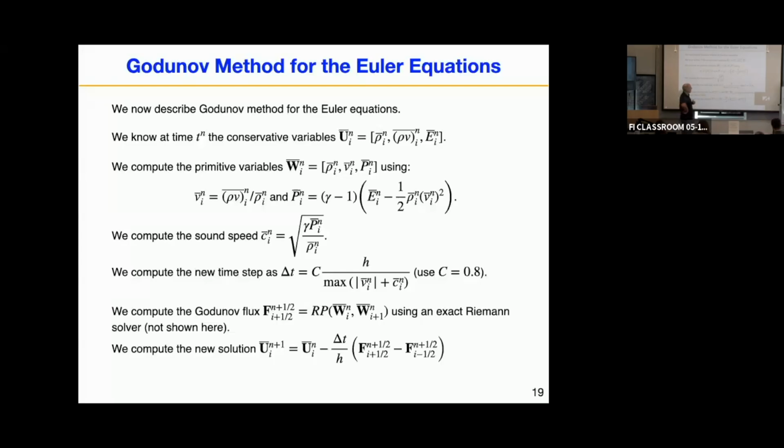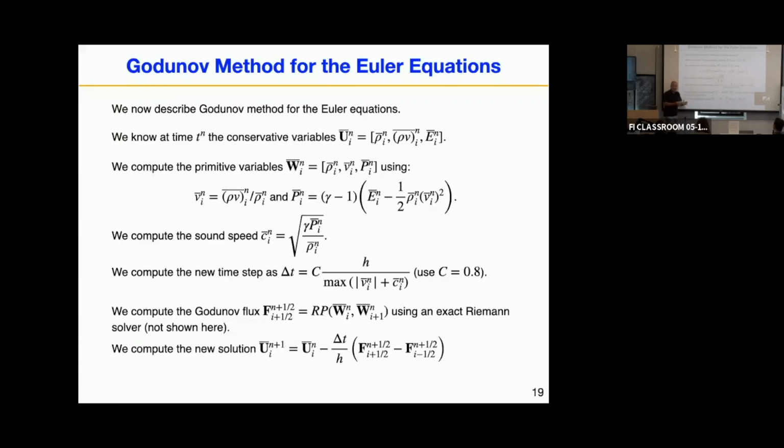Remember the primitive variable, density, velocity, pressure. So how do you convert this? In this example, you don't do something fancy. You just take the momentum, you divide by the density, you get the velocity. Okay, that's kind of the definition. And for the pressure, you just get the total energy, you subtract the kinetic energy, you multiply by the gamma minus 1, the equation of state, you get the pressure.